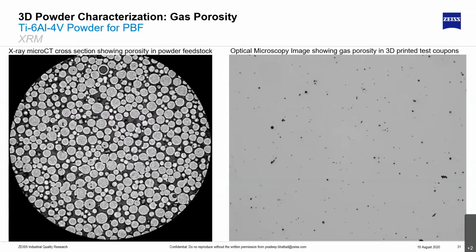Here's an example where we are looking at gas bubbles inside a small powder particle. And in the final build phase, I'm showing you the optical section, and we are seeing these perfectly spherical, very small gas bubbles that stay in the part, because as you're melting the part, the rate of solidification is much faster than the escape velocity of the gases, so they remain trapped in your part.